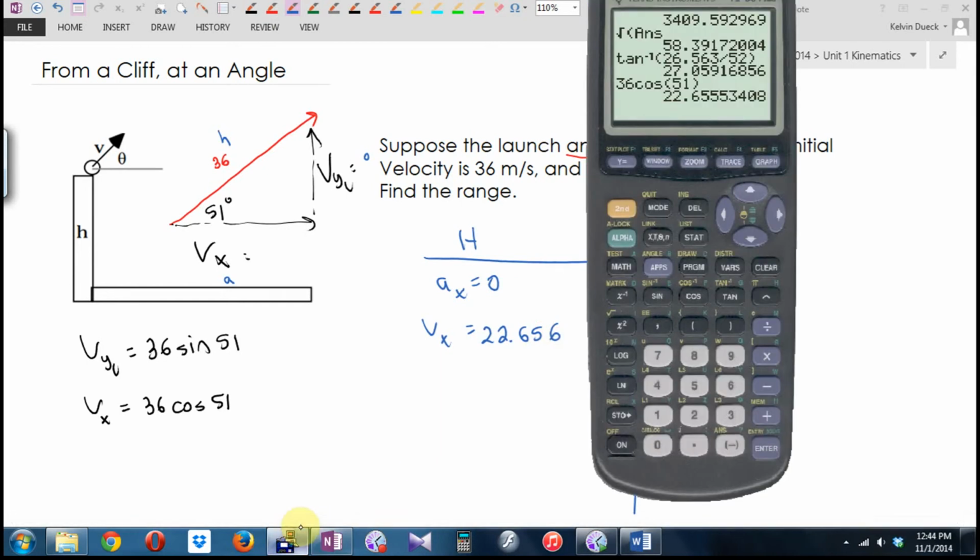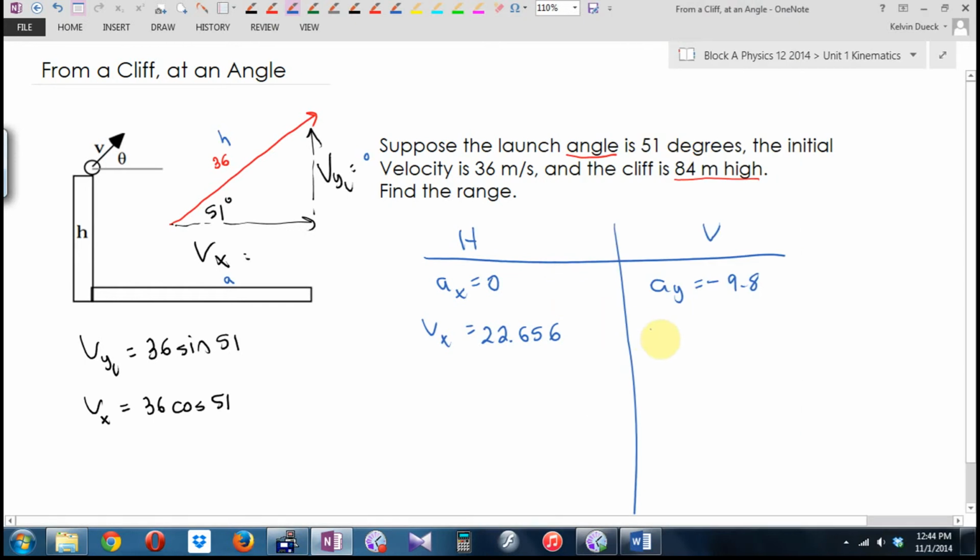Make sure I didn't make a typo there. 36, angle 51, yeah, that looks good. Vy, 36 sine 51, 27.978. Oh, and I know dy is, careful, negative 84.